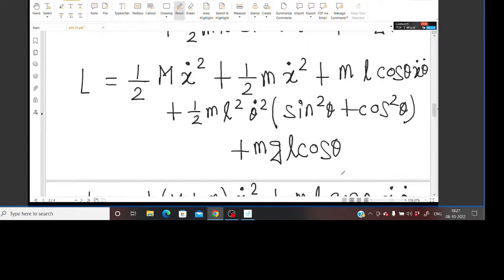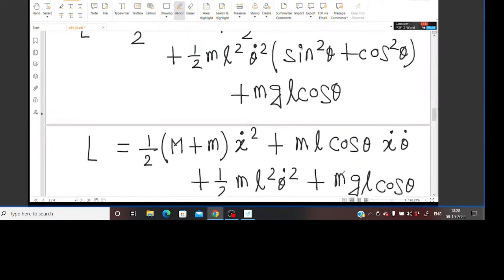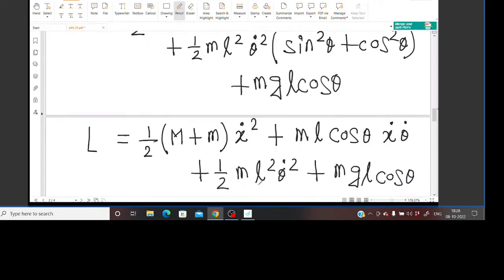Here sin square theta plus cos square theta is equal to 1. So this can be simplified to L equal to half into M plus m into x dot square plus m into L into cos theta into x dot into theta dot plus half into m into L square into theta dot square plus mgl cos theta.